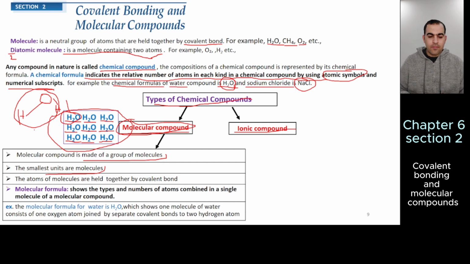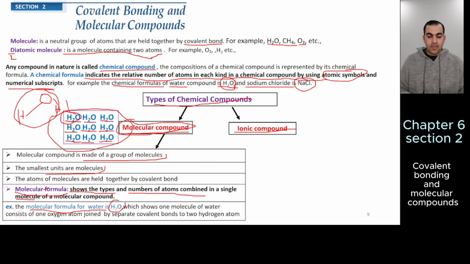So how do you represent composition? The composition of a molecular compound is represented by a molecular formula. It shows the types and numbers of atoms combined in a single molecule of a molecular compound. For example, the molecular formula for water is H2O.